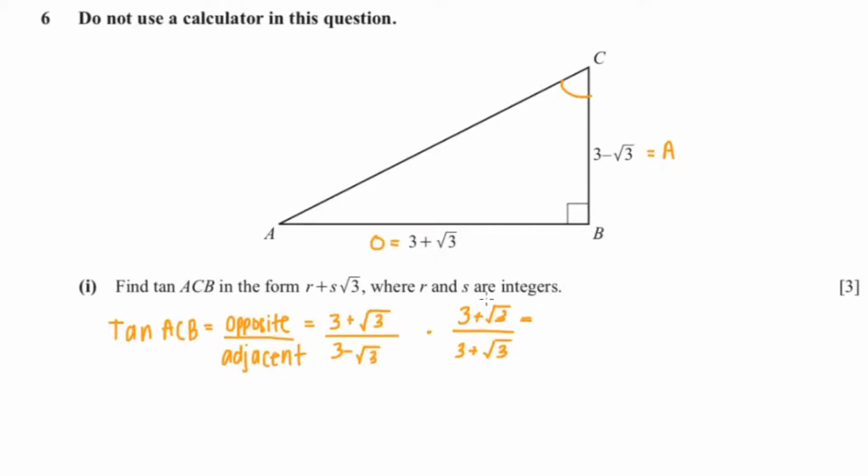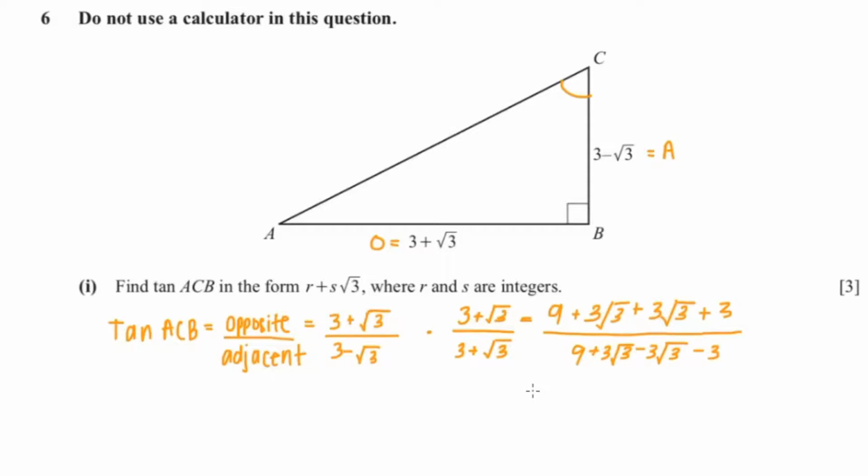So that would give me 3 times 3 is 9, plus 3 surd 3, plus 3 surd 3, plus 3 over 3 times 3, which is 9, plus 3 surd 3 minus 3 surd 3 and then minus 3.